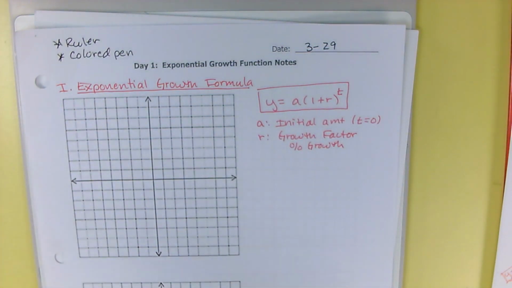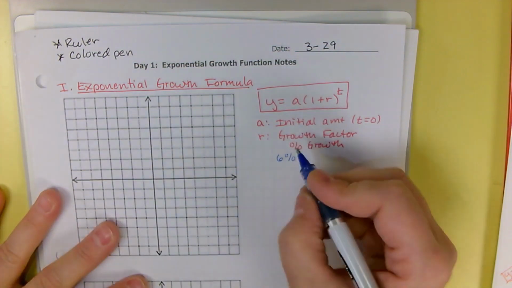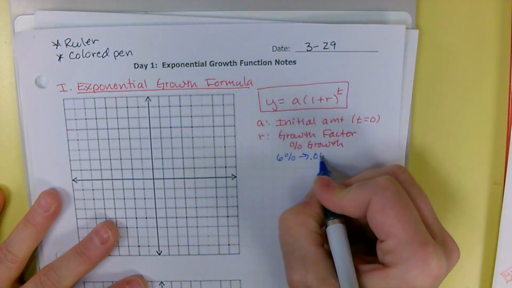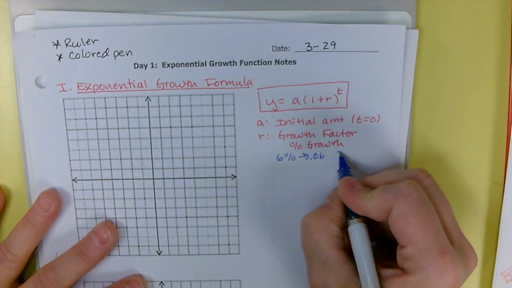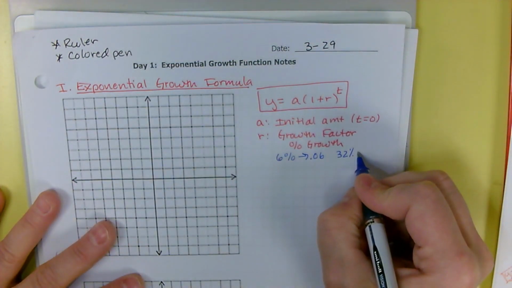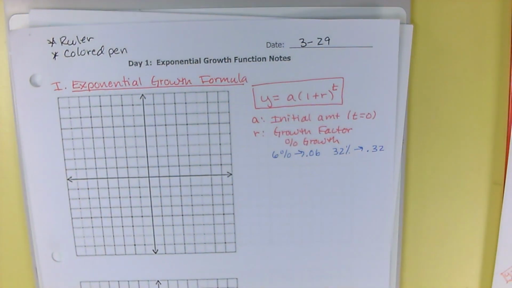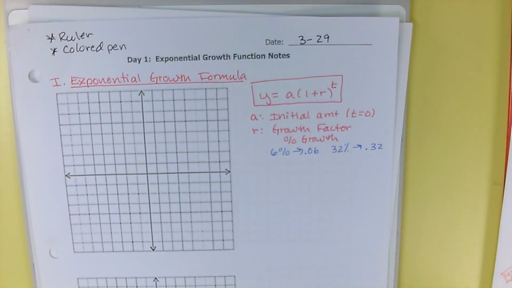When you do the growth factor, it has to be in decimal form. So for example, if you have 6% growth, you have to use 0.06. If you have 32% growth, you have to use 0.32 in the formula. There are very few formulas where percentages are shown as a percent. They're almost always a decimal.